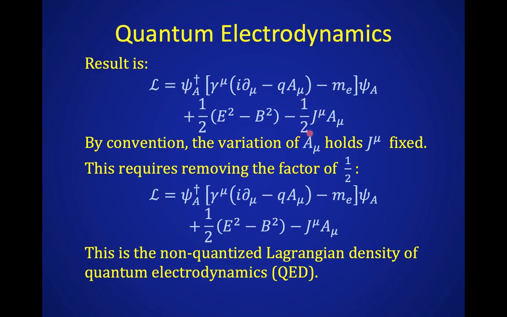And normally in quantum electrodynamics, when varying the potentials, you hold the currents fixed, but actually they're functions of each other. So if you're going to hold it fixed, you need to get rid of the factor of a half. Normally you should vary both of them. So getting rid of the factor of a half gives you the Lagrangian density of quantum electrodynamics prior to quantization, for a single electron interacting with the electromagnetic field.